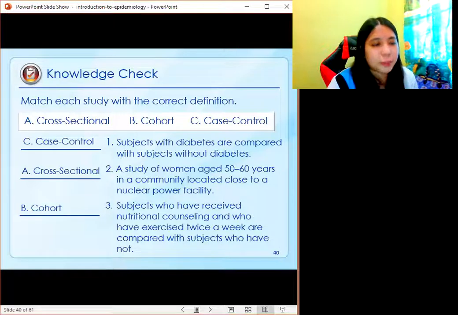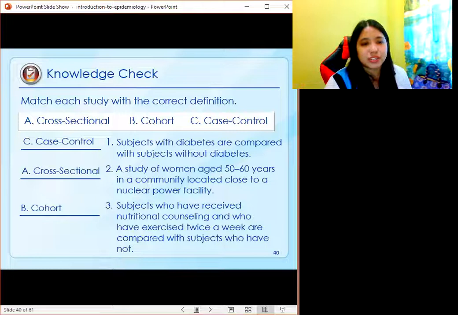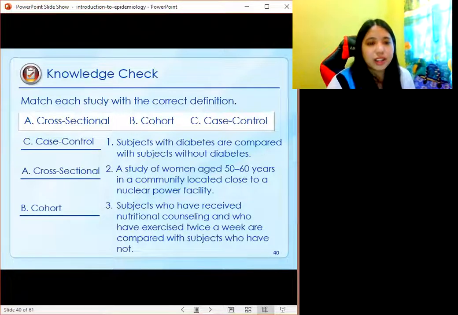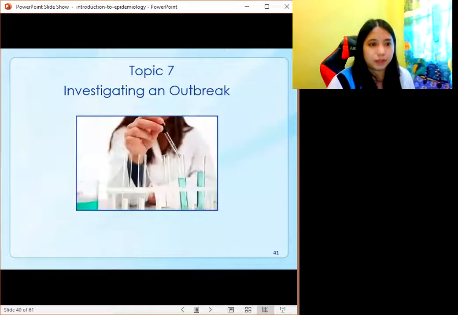Well, for number three, it's considered cohort, so we will be considering those who have exercised and those who have not exercised twice a week.